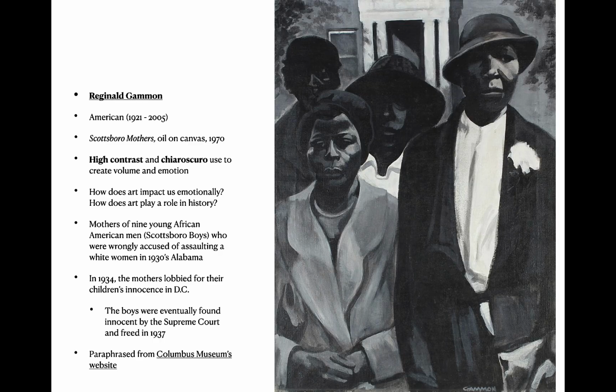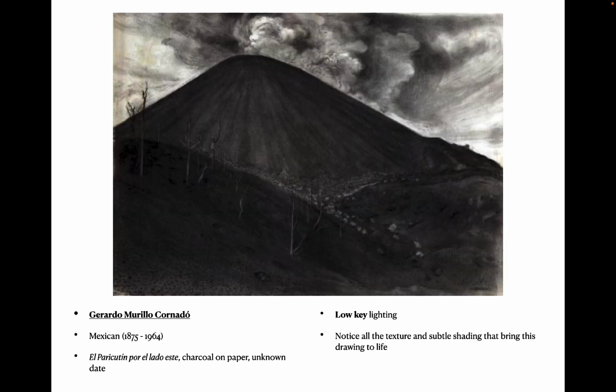Think about what the impact is. I think that, obviously, photography is another kind of art medium, but how can they both serve a role in art history, and what do they do to us as a viewer when we're looking at them? And you can learn more about the artist and the incident from the links.